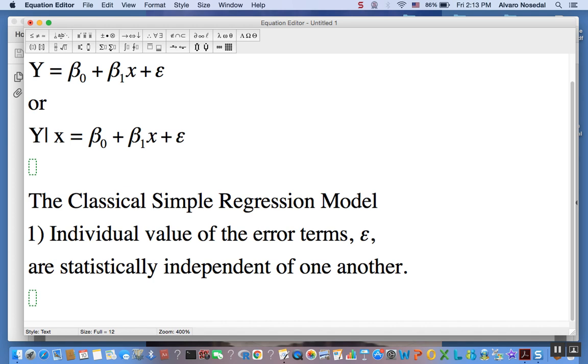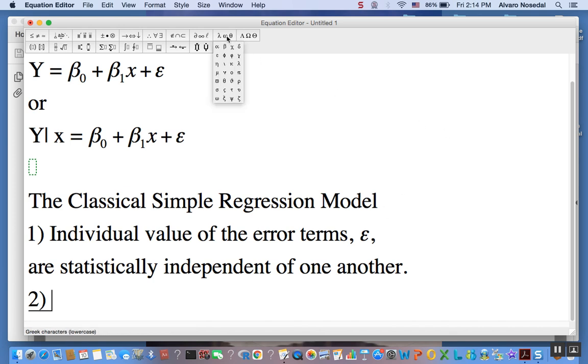The second assumption in the classical simple regression model. For a given value of x, there can exist many values of y, and therefore many values of epsilon, the error term. Moreover, the distribution of possible epsilon values for any x value is normal. So that's the second assumption, that the epsilons have a normal distribution.